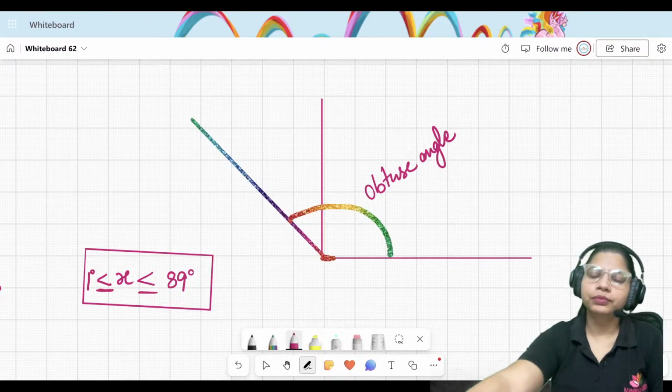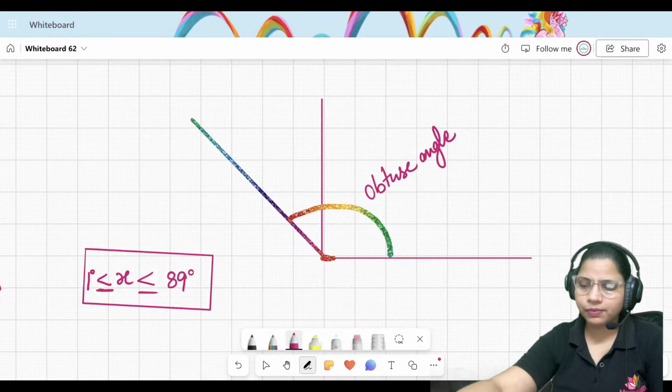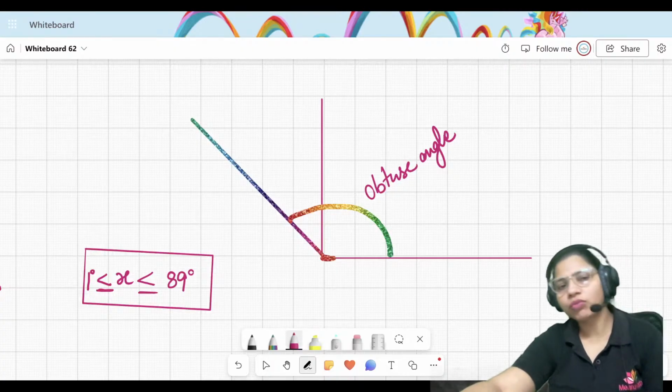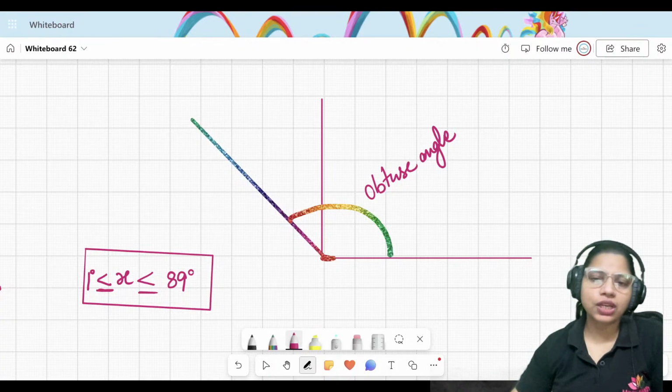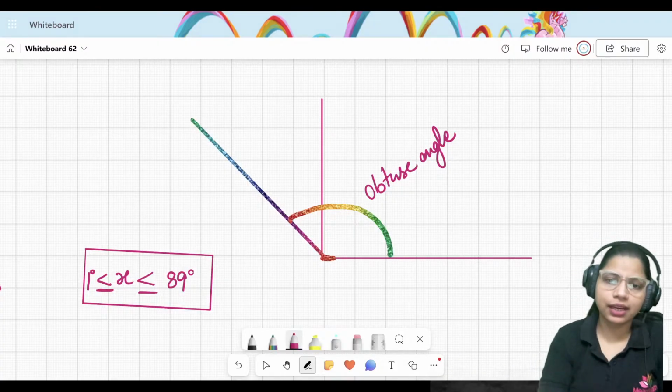Yeah, that's correct. And you have to tell me the obtuse angle now. सबसे छोटा obtuse angle कौन सा होगा? Smallest will be 91 degrees. That is correct.